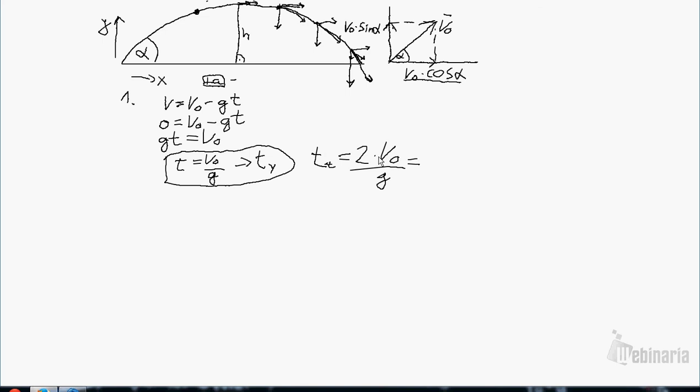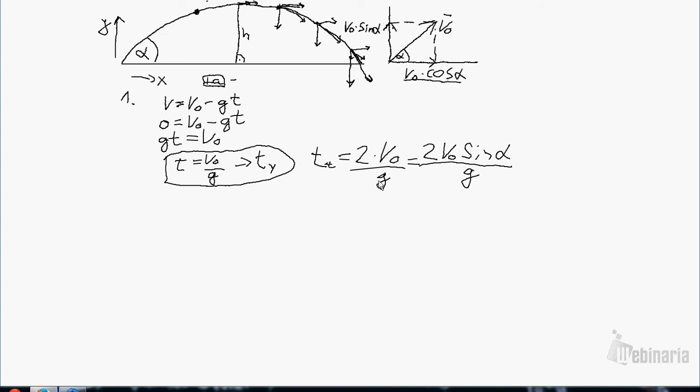Let's say t like time total. Okay, if this goes up, it has to go down. So the time needed to get there is exactly the same time needed to fall down and hit the surface. So that's why 2 times ty.